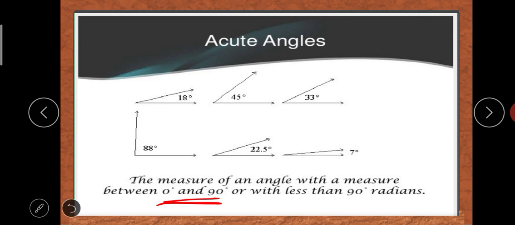Any angle formed between 0 and 90 is called an acute angle; 89 is the last and 1 degree is the first. So they are called acute angles. Understood? And how can you find the right angle? A straight L. That is a right angle.